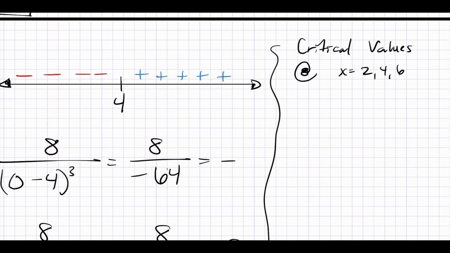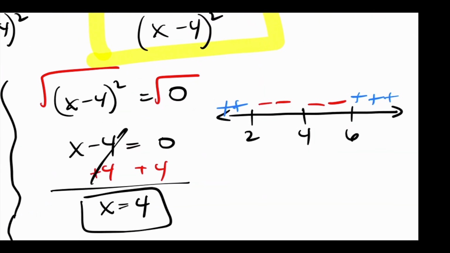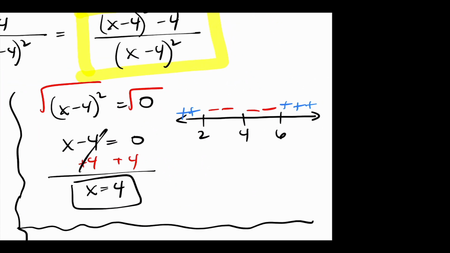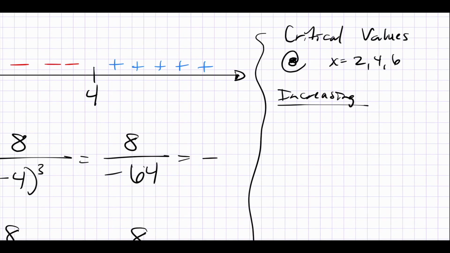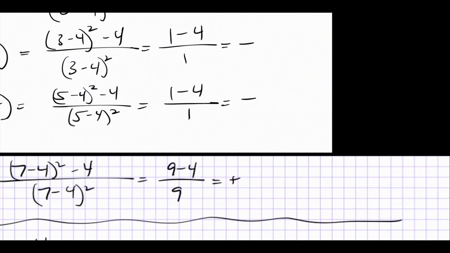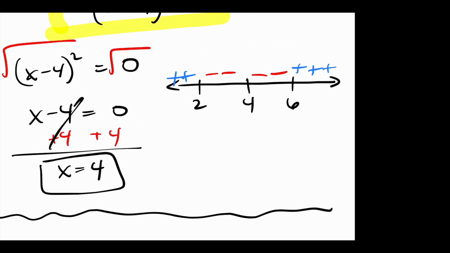Okay. The next thing was increasing, decreasing. Increasing from negative infinity to 2, and 6 to positive infinity. Okay. Decreasing in between, 2 to 6.